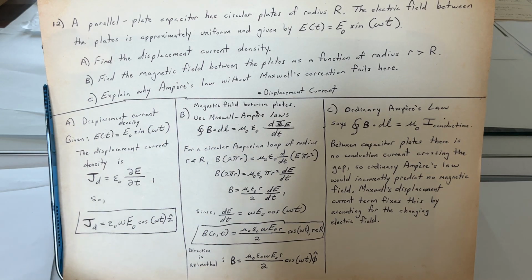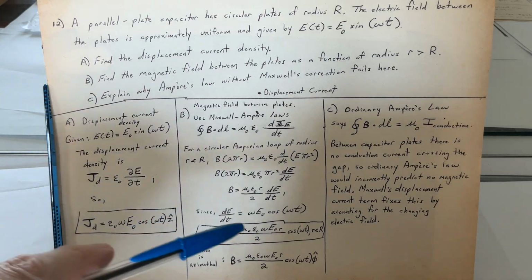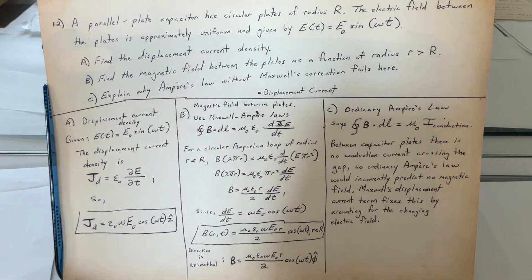And we say the direction is azimuthal. So our magnetic field is mu naught epsilon naught omega E naught r over 2 cosine omega t phi hat.